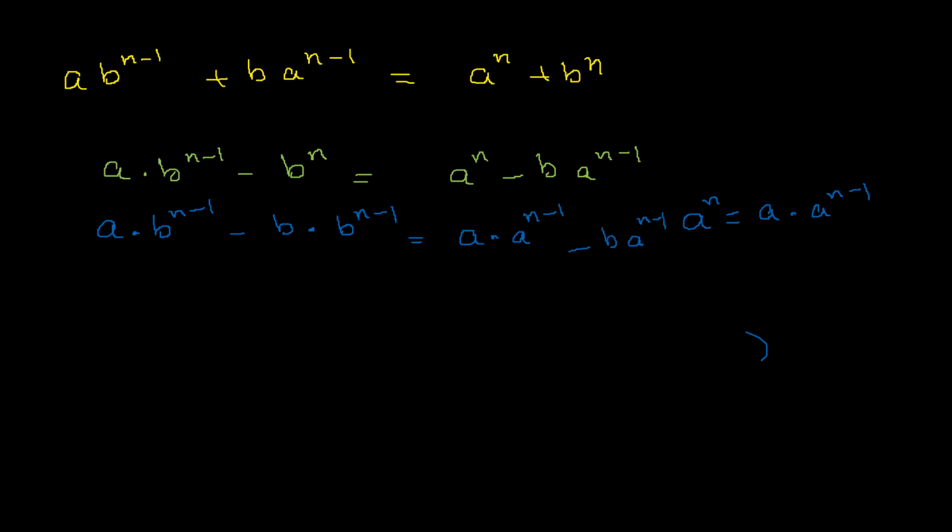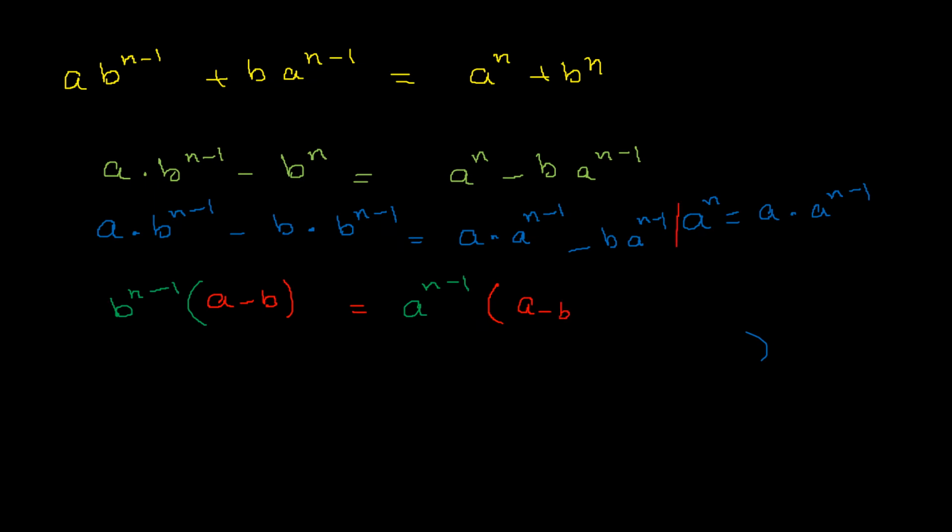If we take the common factor on this side, b^(n-1), then in the bracket we get a minus b, right? And on the other side, if we take the common factor a^(n-1), then in the bracket we also end up with a minus b.